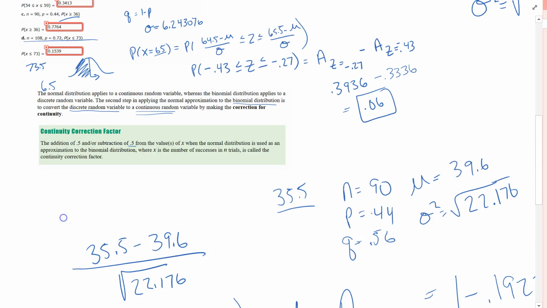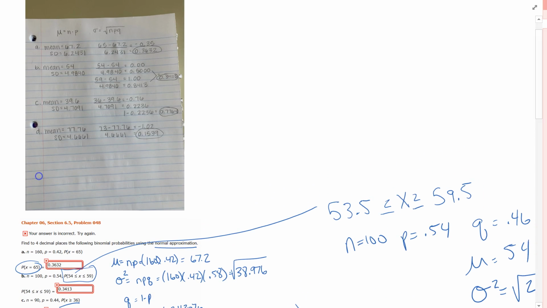So hopefully this kind of explained what's going on. It looks like for A, you didn't take into account the 0.5 there, and then I'm not sure, this would have been a potential z value, but then you have to go to the table for the area.